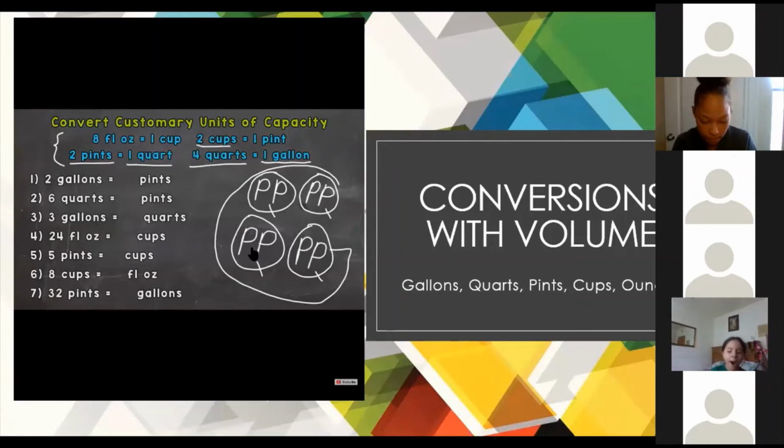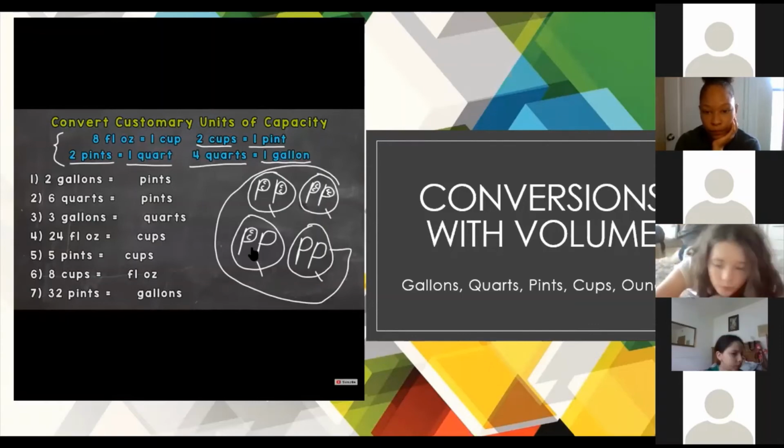Next, we need 2 cups in each pint. So we're going to put C's in each pint. So a cup, if you can think back to your kitchen, and a measuring cup, one cup, and how many of those it would take to fill a gallon. So think of a gallon of milk.